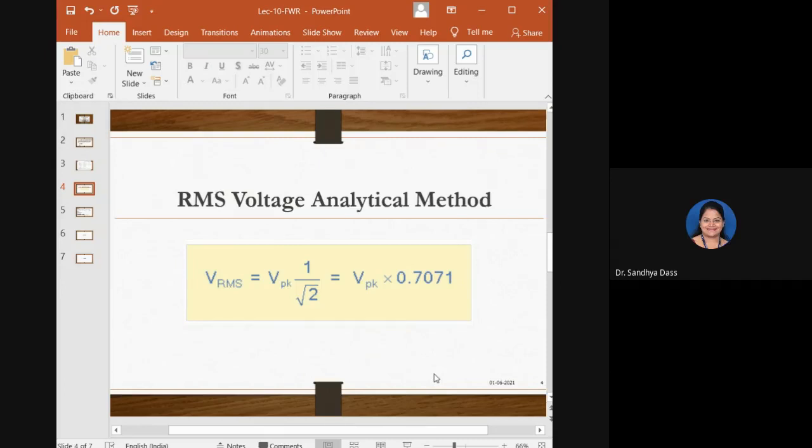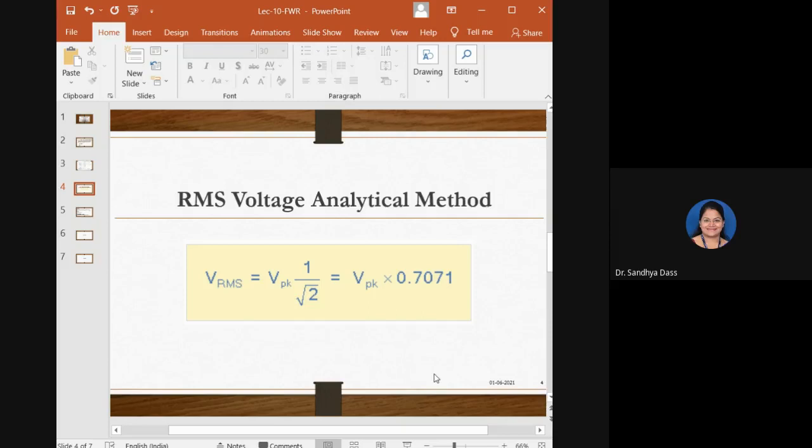Even this RMS voltage, we can calculate using the analytical method, that is taking the integration of the parameter within one period. For one period, we can calculate the RMS value of, say, voltage or current. Using that, we get the expression Vrms is equal to V peak by root 2, that is Vm by root 2. Or in other words, Vm is equal to root 2 into Vrms.